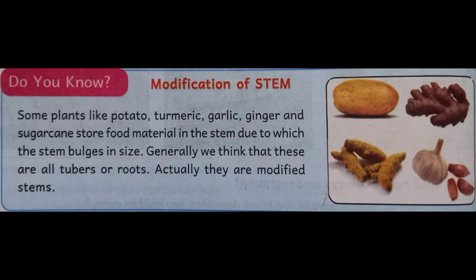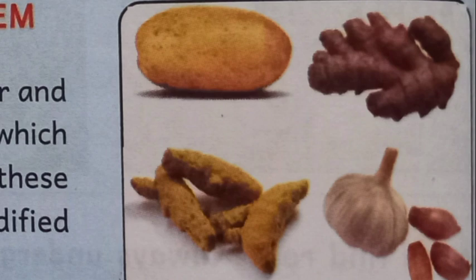Generally, we think that these are all tubers or roots, but actually they are modified stems. So here you can observe the diagrams. Potato is a modified stem. Ginger is a modified stem. Garlic is a modified stem. And turmeric is also a modified stem.